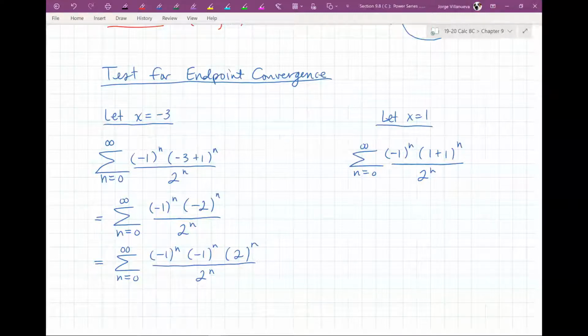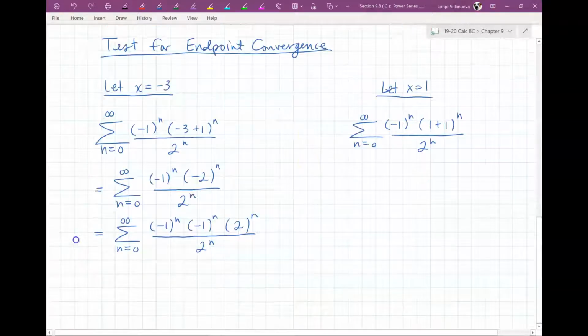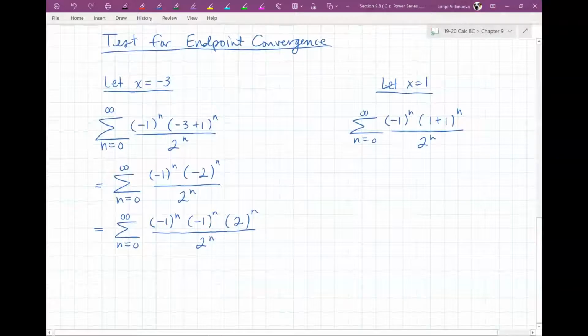It's just an algebra definition, the one that says ab to the n is the same as a to the n, b to the n. So old school algebra 1 stuff. So what's -1 to the n times -1 to the n? It's just 1 to the n. And what's 1 to the n? It's 1. So in other words, see you later, you don't matter. And 2 to the n over 2 to the n? That's just 1.